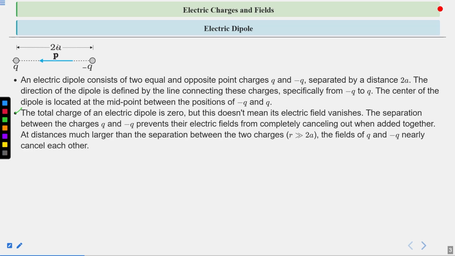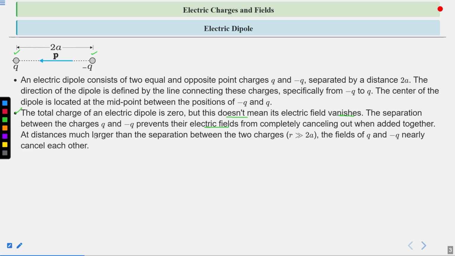The total charge of an electric dipole, the charges q and minus q, is 0, but this does not mean its electric field vanishes. The separation between the charges plus q and minus q prevents their electric fields from completely cancelling out when added together.